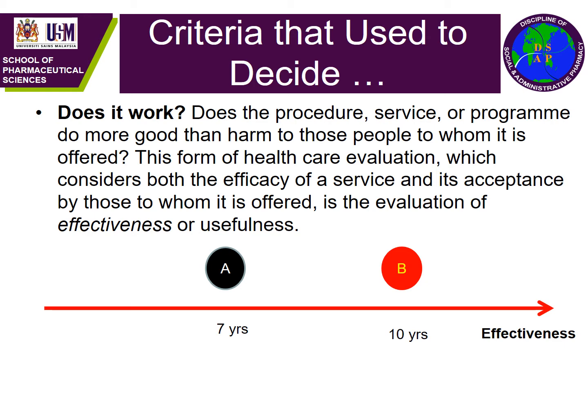So from this, again with the same example, treatment B still provides a better and more effective treatment compared to A, so the choice then would be B based on the criteria, does it work?